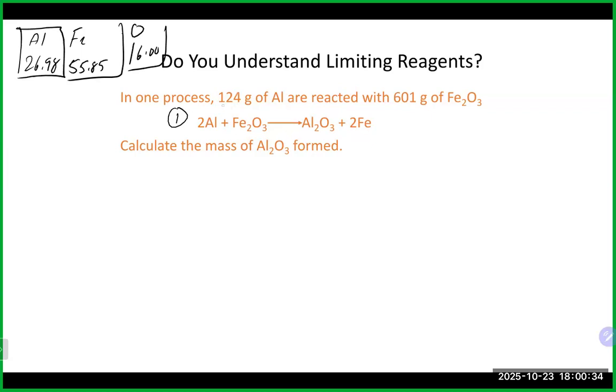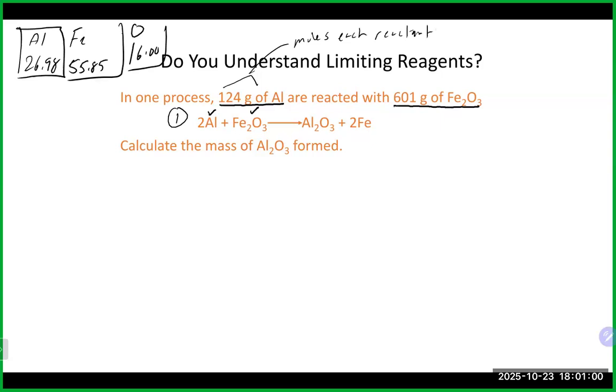In this particular case, we're given 124 grams of aluminum, and we're also given 601 grams of the iron 3 oxide. When I look at that, I see that I have grams of each reactant, and from grams, I could directly get to moles of each reactant. So that is the key right there. I basically have moles of each reactant.